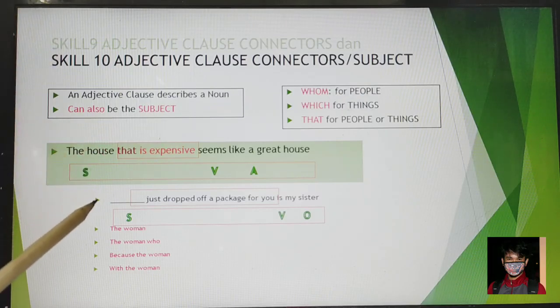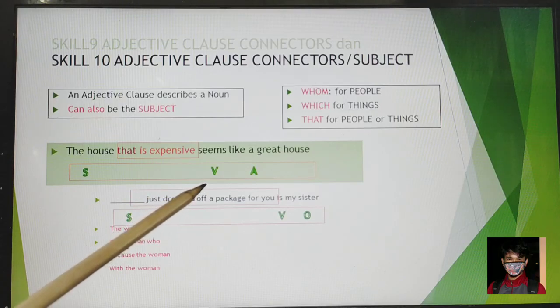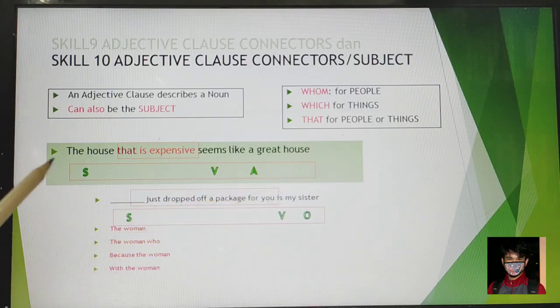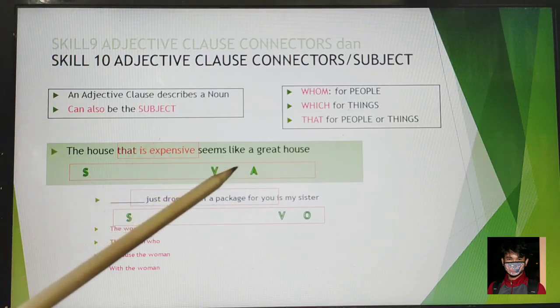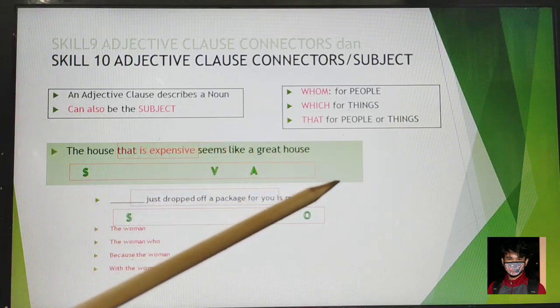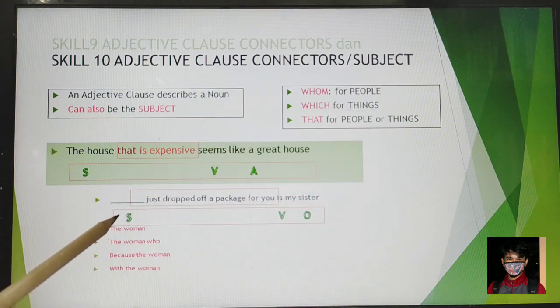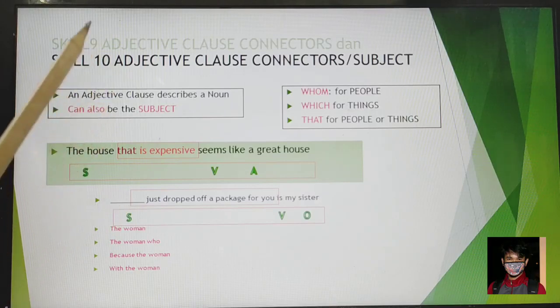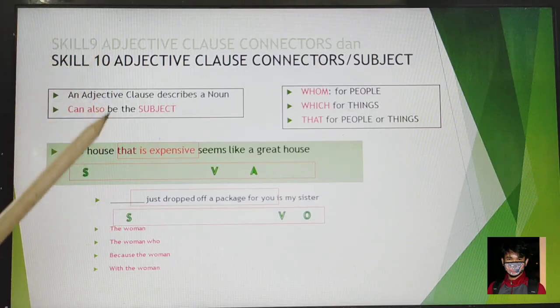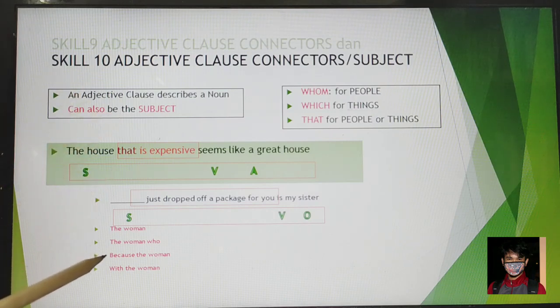And then, what about the following example? Blank just dropped off the package for you is my sister. As I mentioned before, you have to figure out which one is the subject first and which one is the verb first, and then try to find out the object. If there is something like this, you should figure out that the sentence must start with the subject. The subject must be a noun. So this and this are totally incorrect.